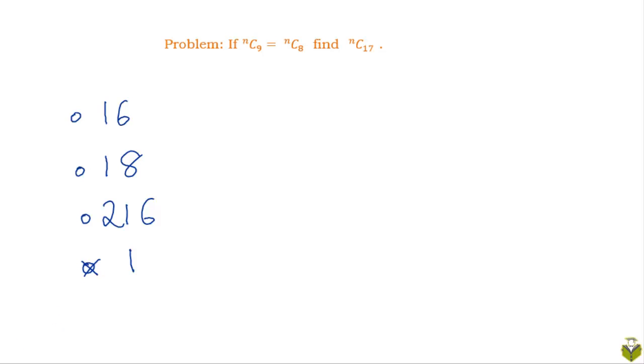So let us look at the solution now. So we know that NC8 is equal to NC9, and now we have to find NC17, right? So it's clear that to find NC17 we need to find N. So finding N would imply that from this equation which we have, we need to just solve for N. So what is NC8? You should keep on using the formula more frequently.